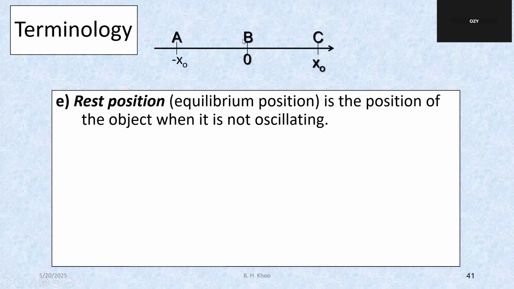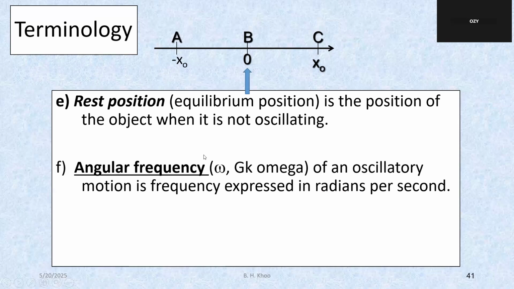Rest position or equilibrium position is a position where the object is not oscillating. When it's not oscillating, it will stay at B. Right? In circular motion, we call it angular velocity, but in simple harmonic motion, we call it angular frequency.